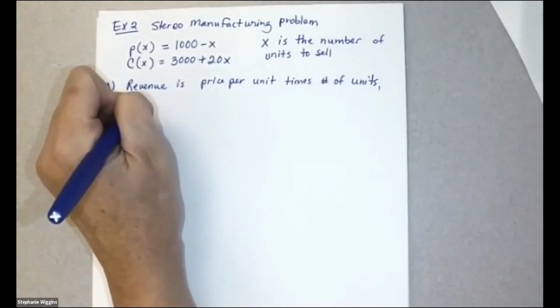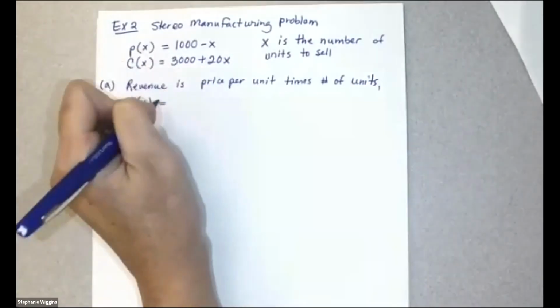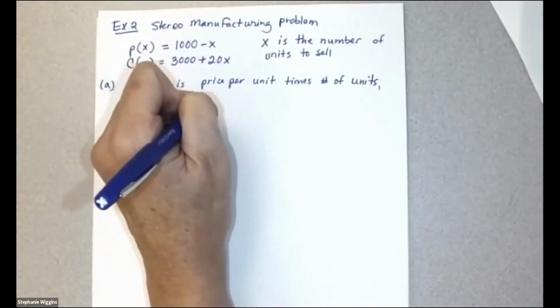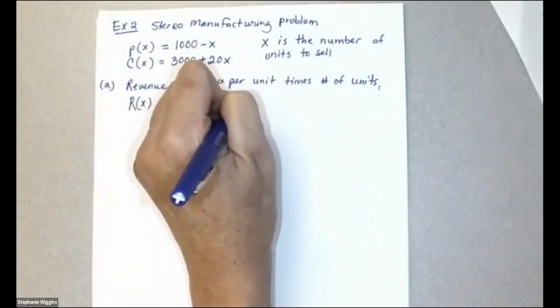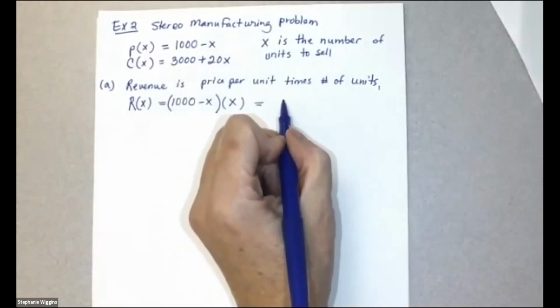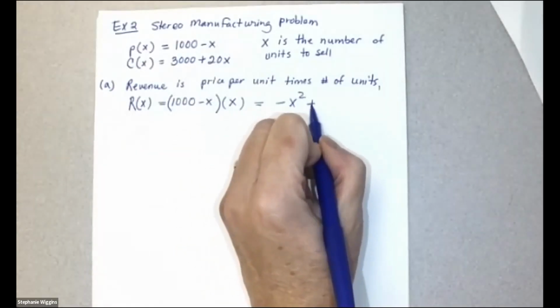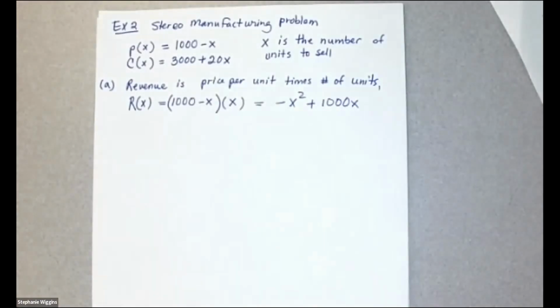So we're going to use R for revenue, and it's a function of X. The price is the 1,000 minus X. And then we're multiplying the number of units X. And that's going to produce minus X squared plus 1,000X when you multiply this out.